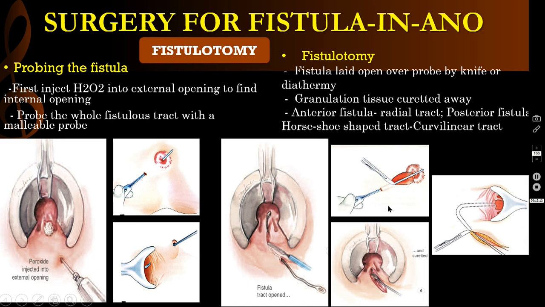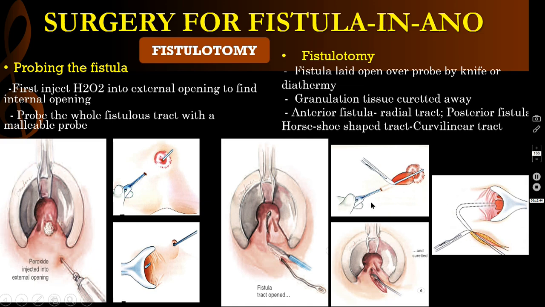If it is an anterior fistula, we know Goodsall's rule: within 2 centimeters from the anal verge, the tract will be a straight radial tract. That is what you are seeing here. If it is a posterior fistula, or even an anterior fistula more than 5 centimeters away from the anal verge, then it will take a curvilinear tract and the internal opening will be at the 6 o'clock position at the posterior anal verge.